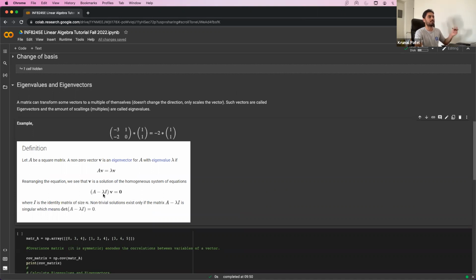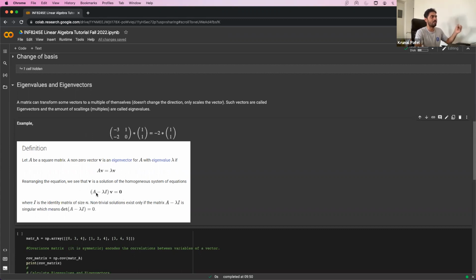We have seen this before: this is a linear equation, and for it to have solutions, this matrix needs to be linearly independent, or rather, it should have zero determinant, right? Because the right-hand side is 0 over here.